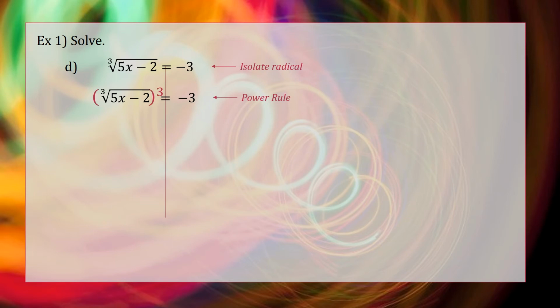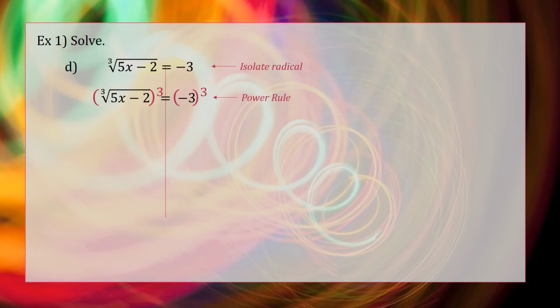D. We have the cube root of 5x minus 2 equals negative 3. So first, draw your line. From here, we want to make sure that the radical is isolated, and lucky for us, it is. So now we apply the power rule. In this case, we have the cube root of 5x minus 2. So since the index is a 3, or it's a cube root, that means we are going to cube the left side and cube the right side, or raise both sides to a power of 3.